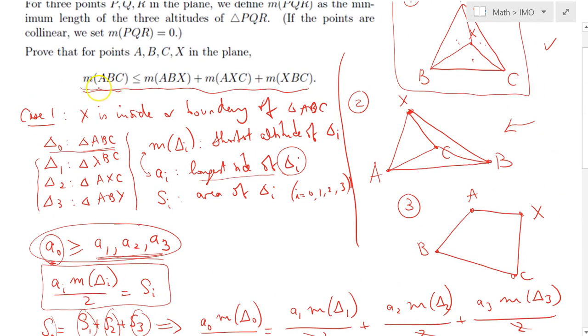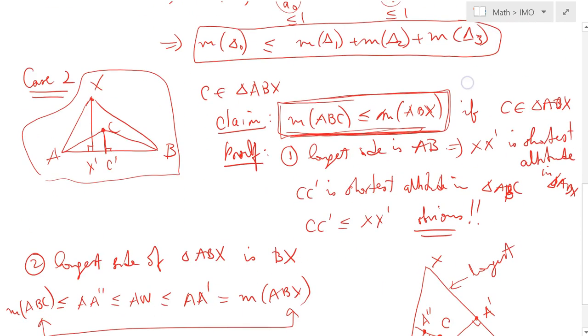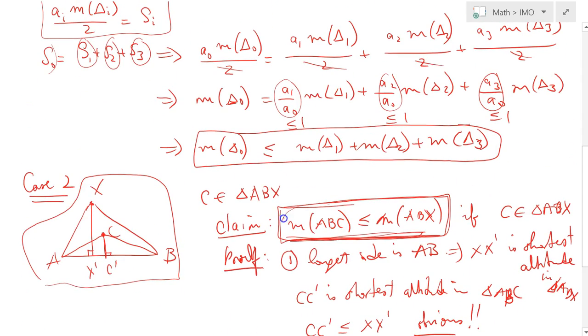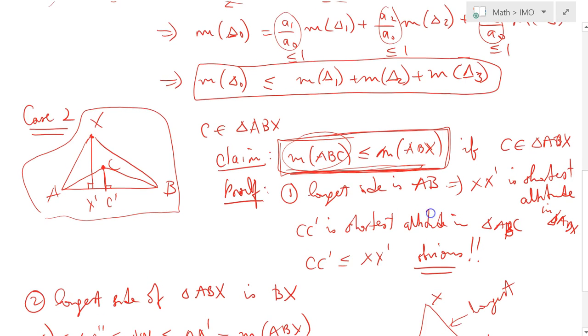M of ABC is less than or equal to M of ABX, which is a much stronger result. This claim would immediately imply the desired result, since when you add further terms onto the right-hand side, the inequality will be preserved.